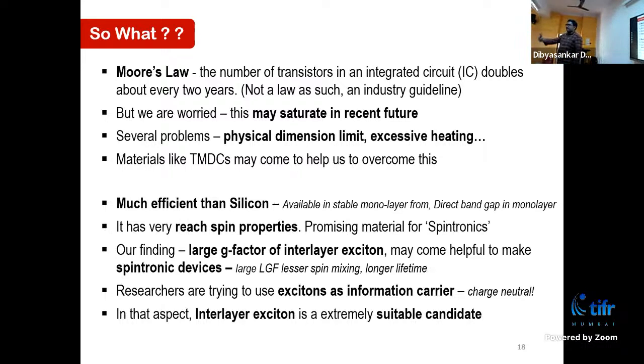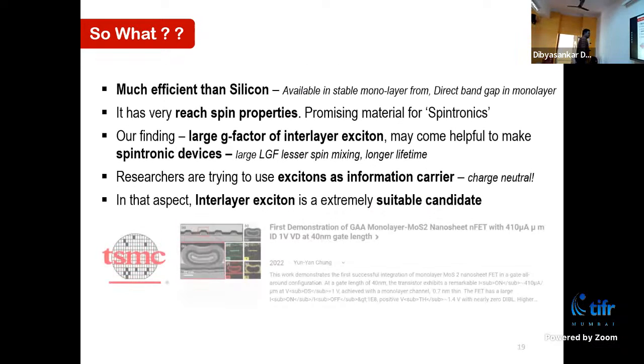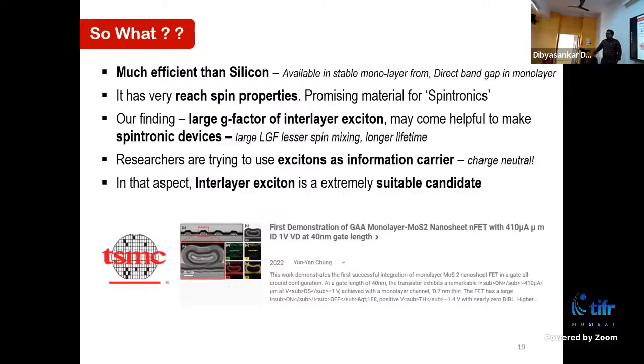If the particle carrying information is chargeless, there is no heating. That is the principle. So in excitonic devices, the interlayer exciton is an extremely suitable species to carry information. And I'm not throwing words.